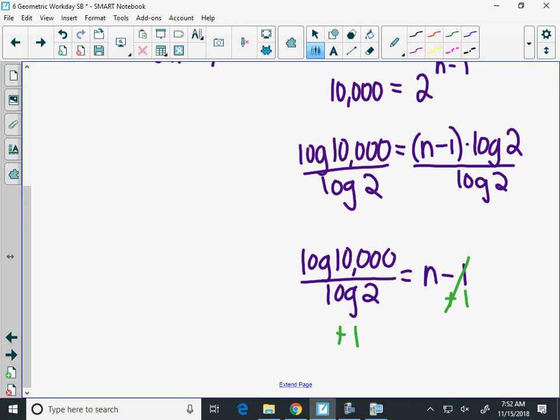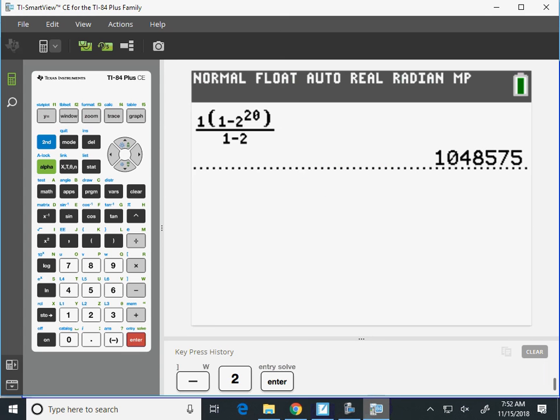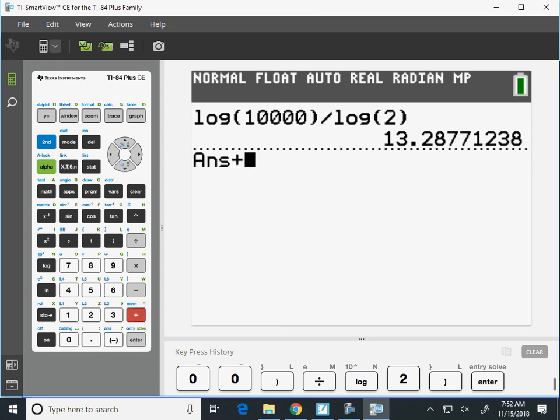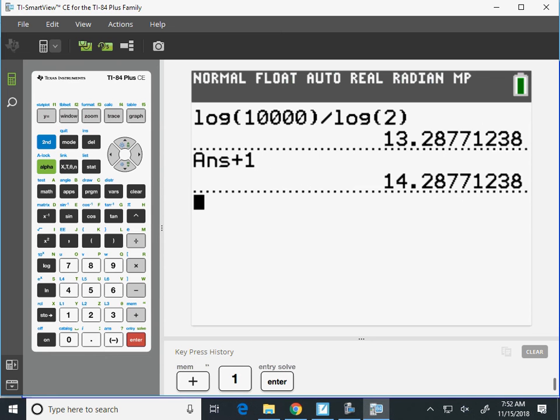It's going to make log of 10,000 over log of 2 plus 1. So you definitely need your calculator for this. Log of 10,000 divided by log of 2. You're going to hit enter and then add 1. So you get here that n is 14.288.